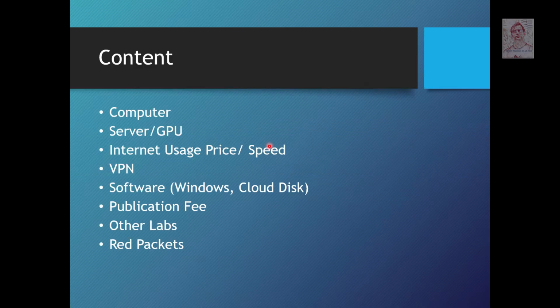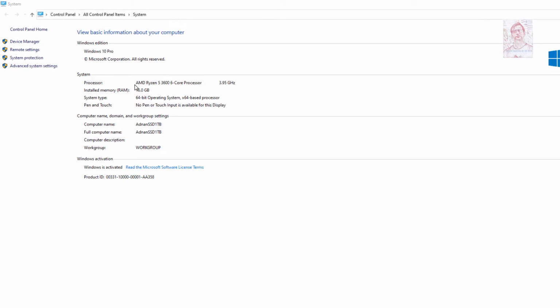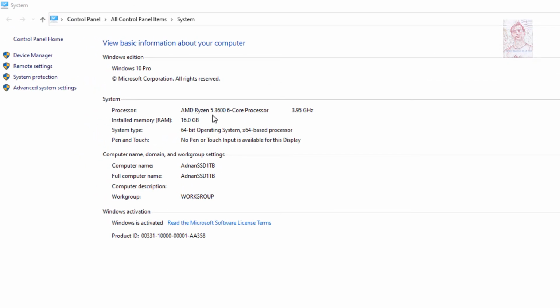So let's start from the computer. This is my computer, which I got from the lab. It has an AMD Ryzen 5 3600 processor, and you can see the clock speed 3.95, 16 GB installed RAM, but the hard disk is 1 terabyte HDD, but now I have replaced it with my personal SSD, which is again 1 TB.